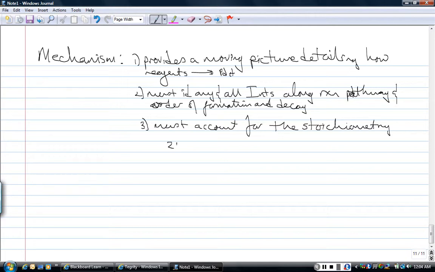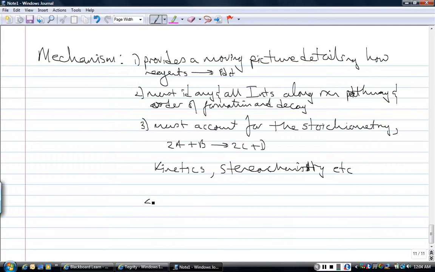So if I say it's 2A plus B gives 2C plus D, when I sum the steps of my mechanism, this must be what I get. It must also account for the observed stoichiometry, kinetics, stereochemistry, etc.